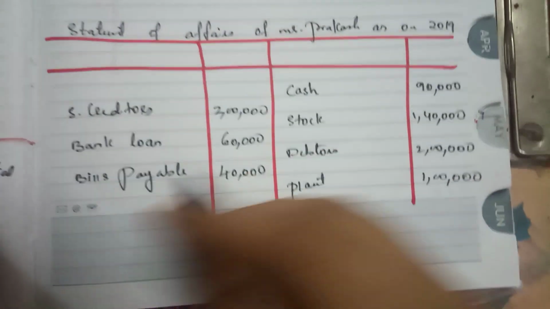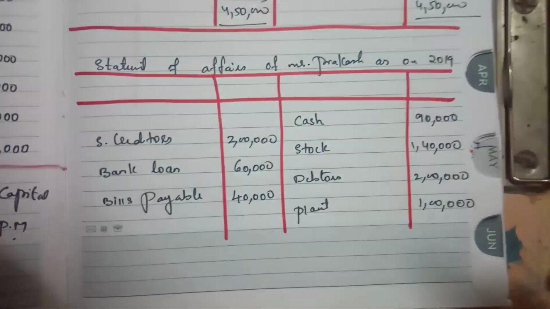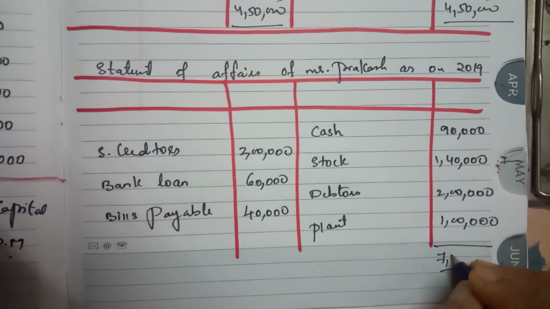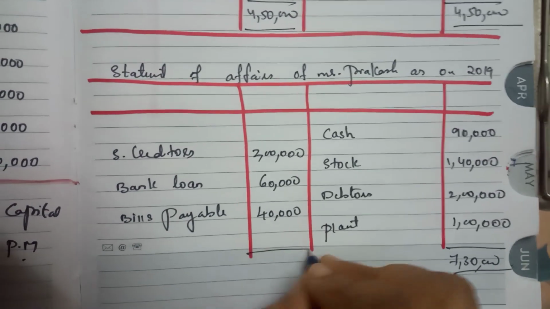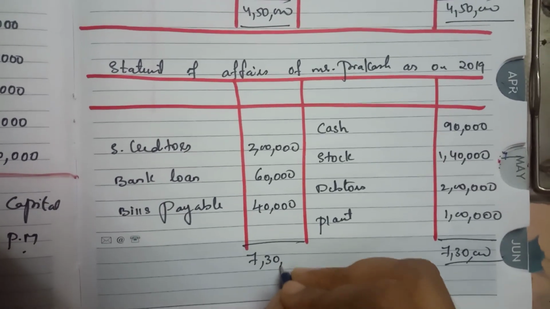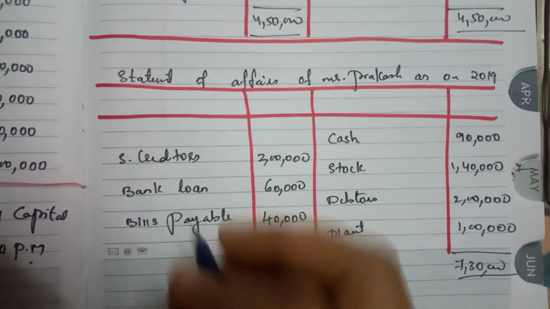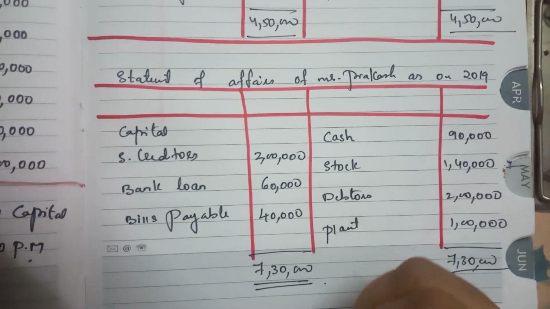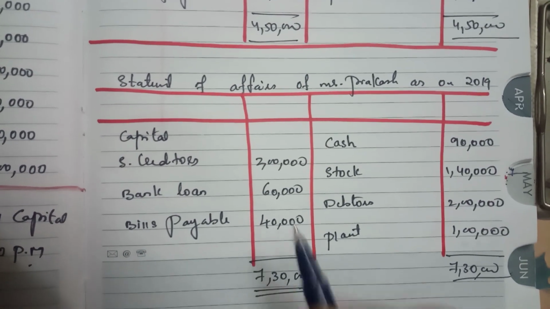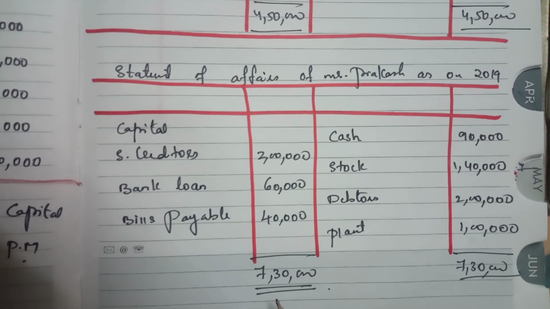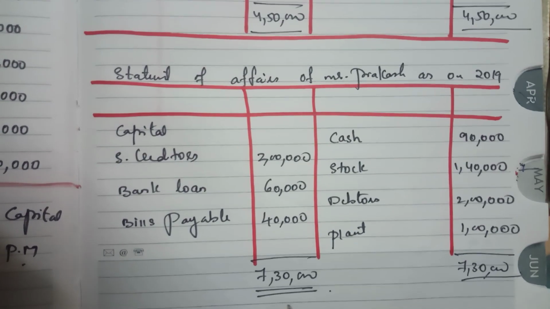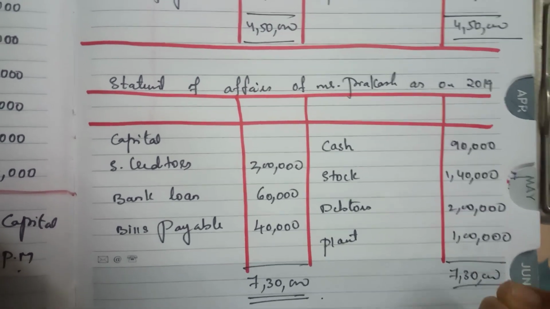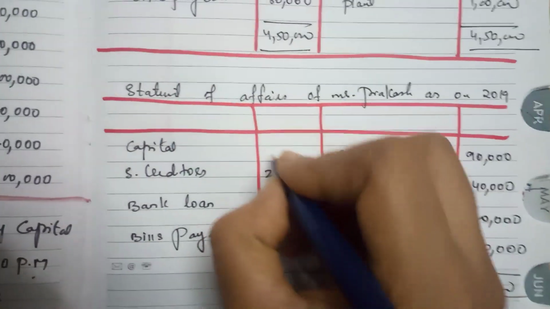Then let's find out our closing capital. So this total will be 7,30,000. So here also the same, 7,30,000. Okay, then capital. The total of this is 3 lakhs. From 7,30,000, if you deduct 3 lakhs, you're going to get how much? 4,30,000.